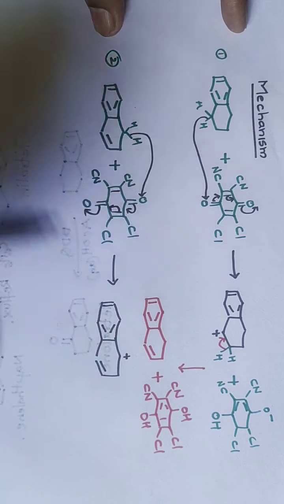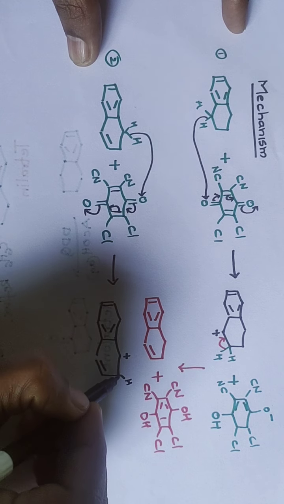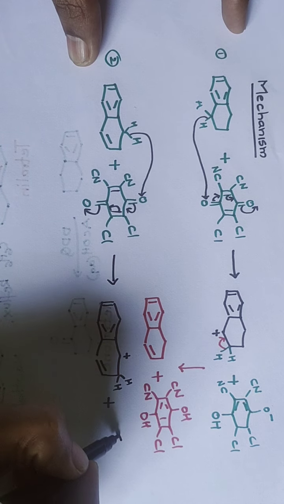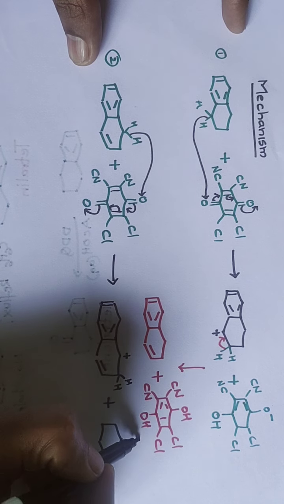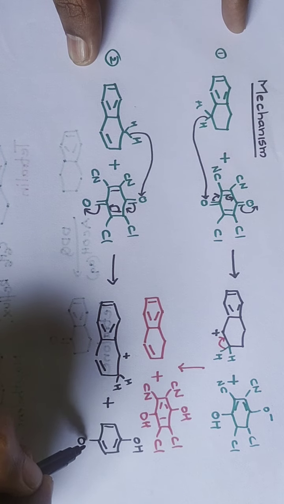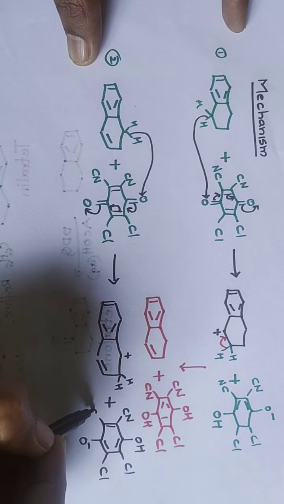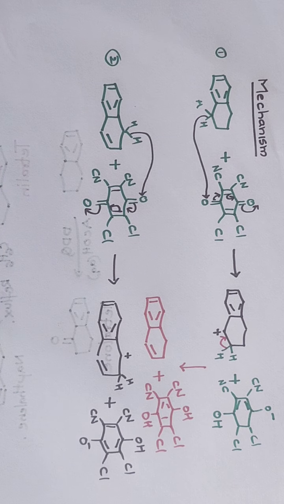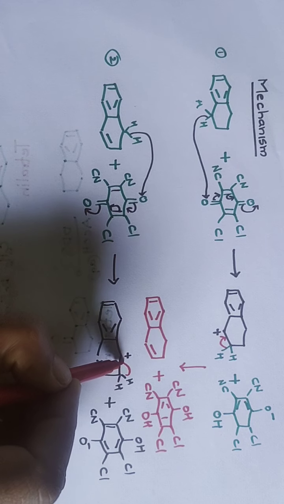So this carbon will carry a positive charge. There are two hydrogens here, and this is OH. Next, loss of proton takes place.